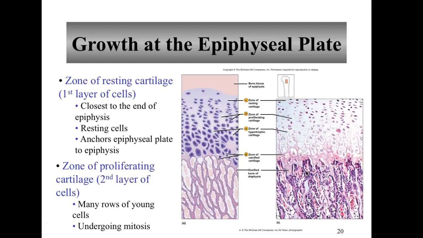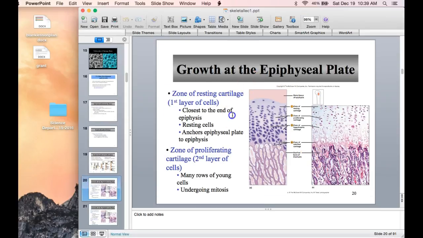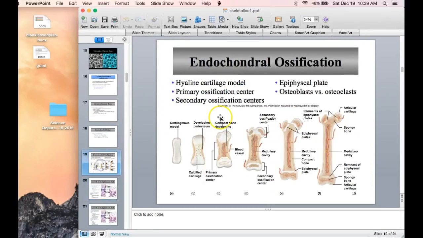So bones have both longitudinal growth and appositional growth. You probably know how to spell longitudinal. If I go back to the next slide here, so growth is longitudinal and appositional.